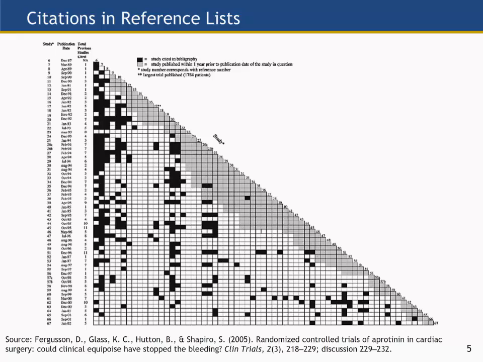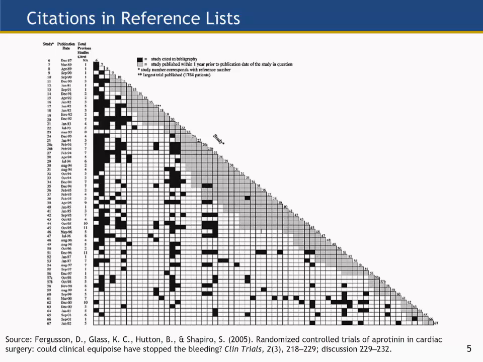The intention here is to represent how well the various authors did at citing the older literature. If they cited an article, the square is in black. The half-gray articles down the diagonal are ones that you could reasonably expect the authors not to cite because they were published within a year of their study. So at the top, the first study that ever came out doesn't have any other studies to cite.